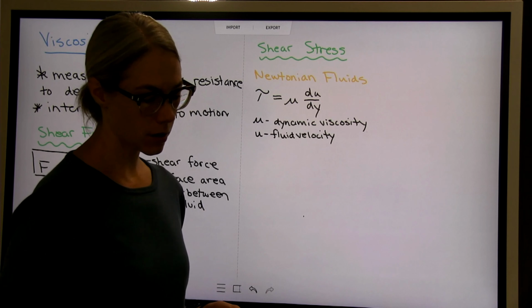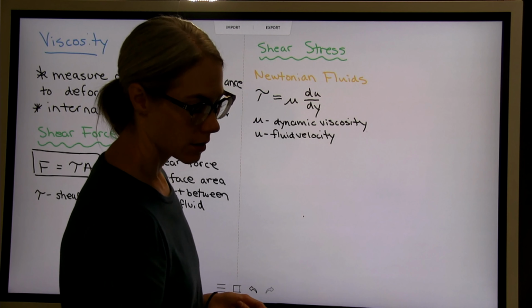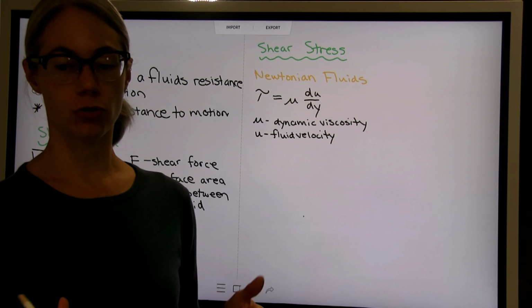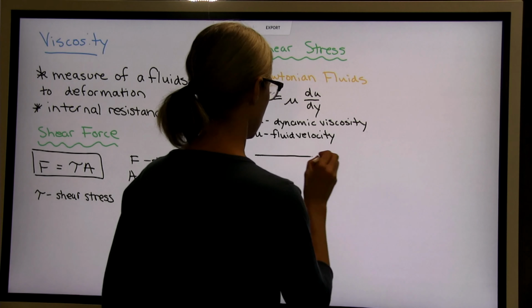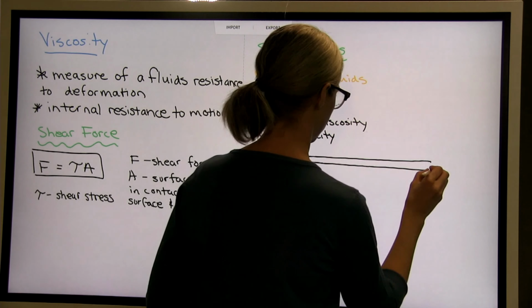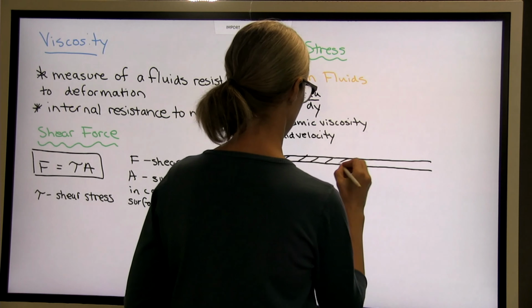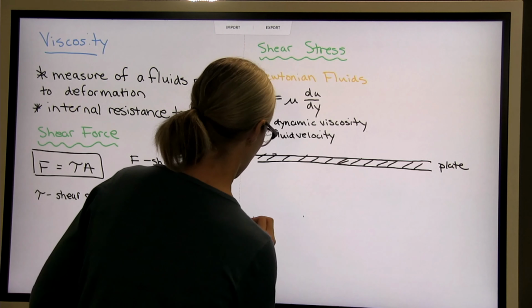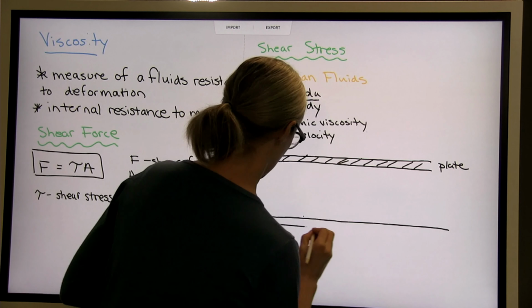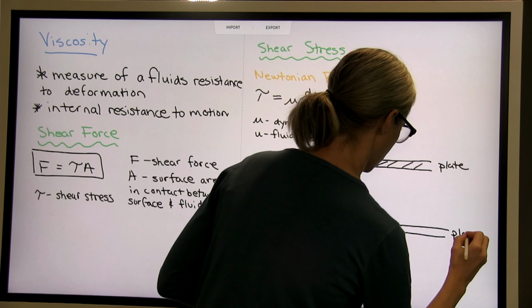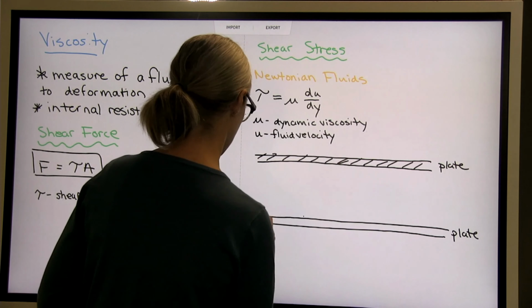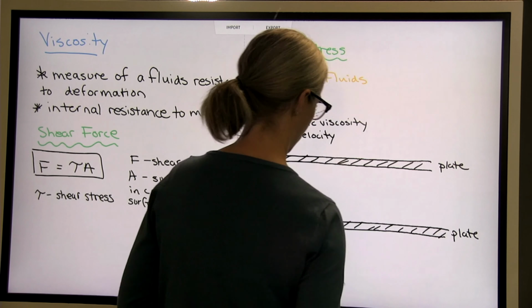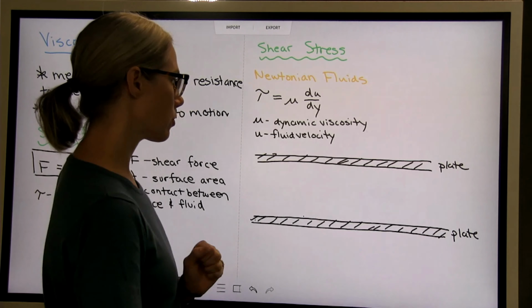And where this comes from is if we look at, for example, a fluid between two plates. There's our plates, like this. And we have a fluid between these two plates.